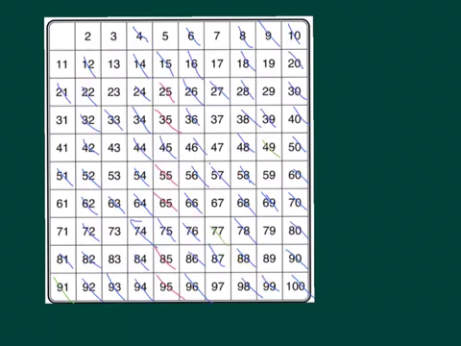You should already be done, but we'll check them anyways. 36. 12 times 4 is 48. 12 times 5 is 60. 12 times 6. I can tell I don't do the 12s very much, huh? Is 72. 12 times 7 is 84. 12 times 8 is 96, and we're good.